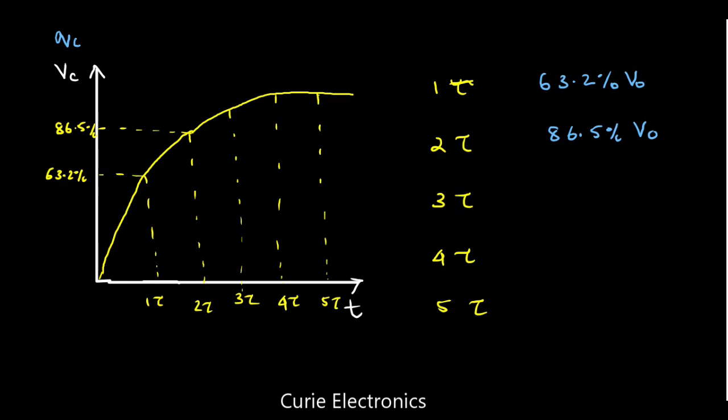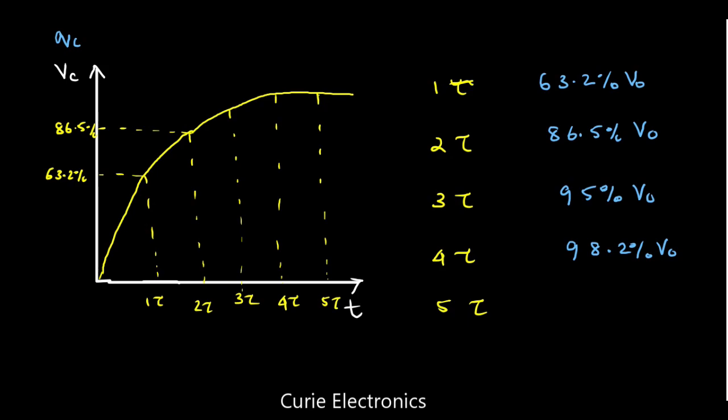The same is applicable for charge also. At 3 time constants, it will charge to 95% of V0. What is V0? The maximum voltage value. At 4 time constants, it charges to 98.2% of the maximum voltage.